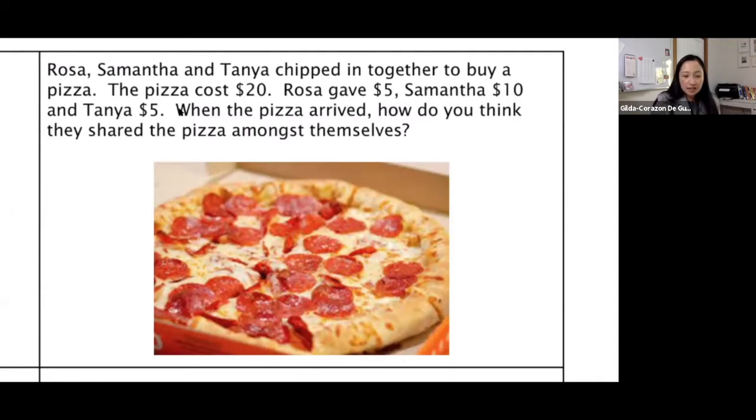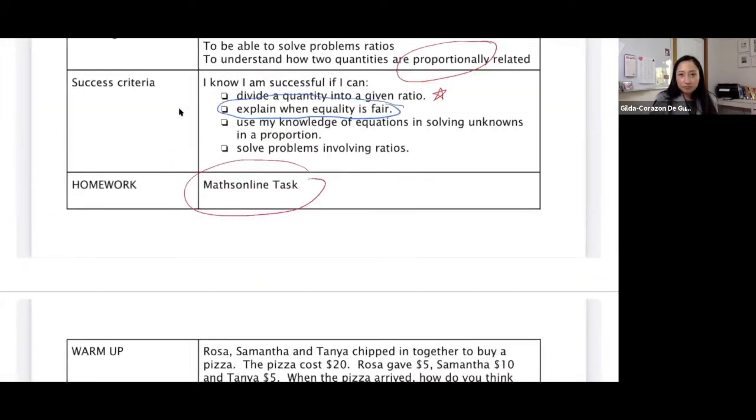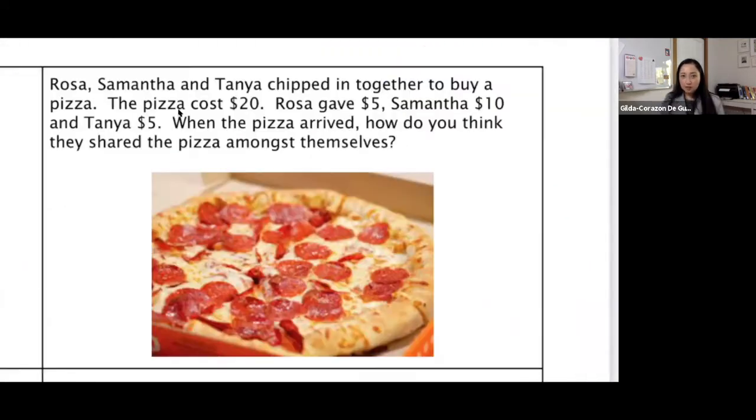And again, asking yourself, what's fair? Or how do you think they should share the pizza? Who should get more? Or should anyone else get more? Isaiah says Rosa gets a quarter, Tanya gets a quarter, and Samantha gets, what's 2 over 4?